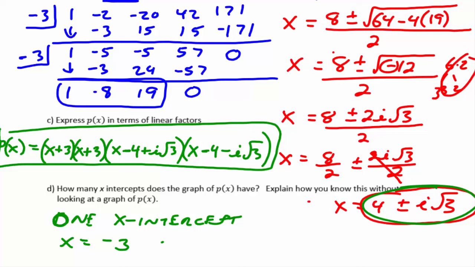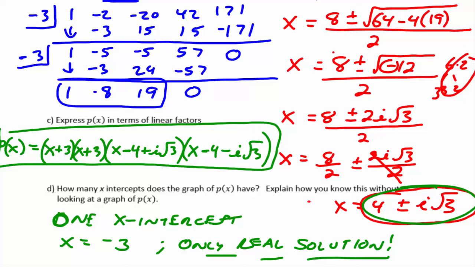That is the only real solution. Therefore, it's the only x-intercept. There's 2 of them, but it's repeated, but it's the same on a graph. It's just the same point. It's -3. So the graph's going to hit -3, and that's it on the x-axis.